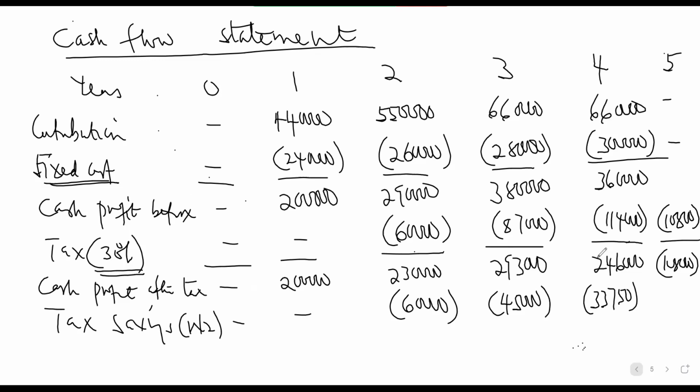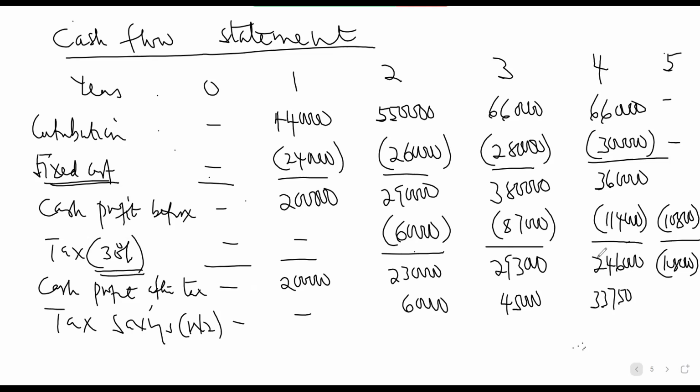And no, this will not be a reduction, it's supposed to be an addition. So we add back the amount of depreciation that is included in the tax, neutralizing the effect on that.